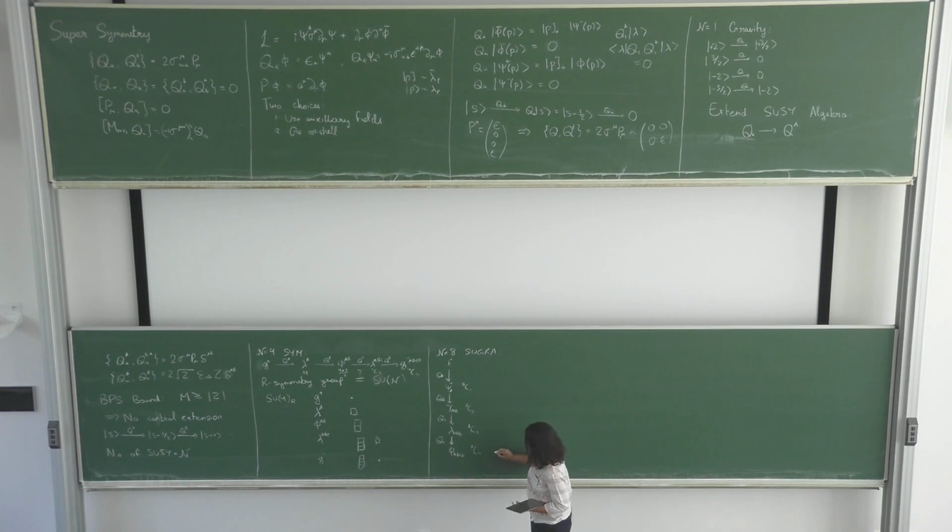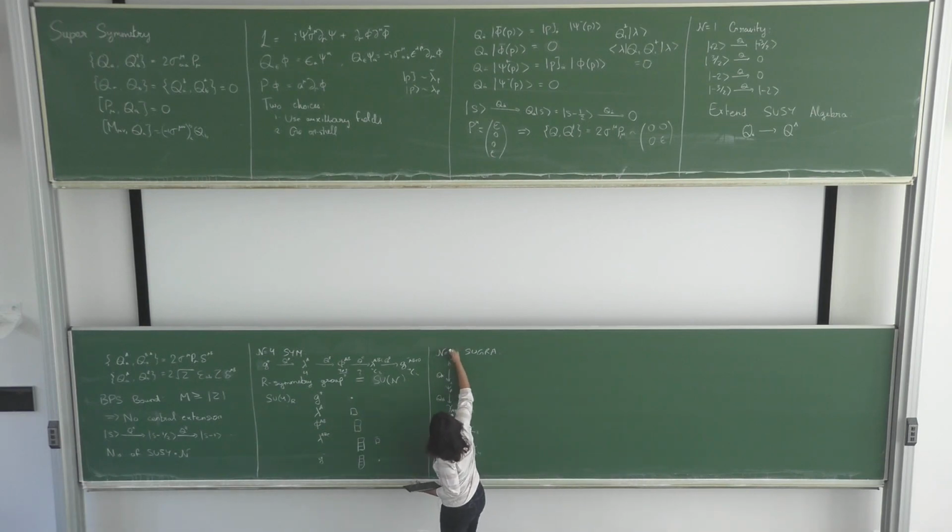Then you can continue like this with adding more and more supersymmetries, and that'll get you back to H minus. So these are what are called self-conjugate multiplets. You could have a situation, for example, if I was just doing N equals 4, right? Then this would become 4 choose 1, 4 choose 2, 4 choose 3, and 4 choose 4.